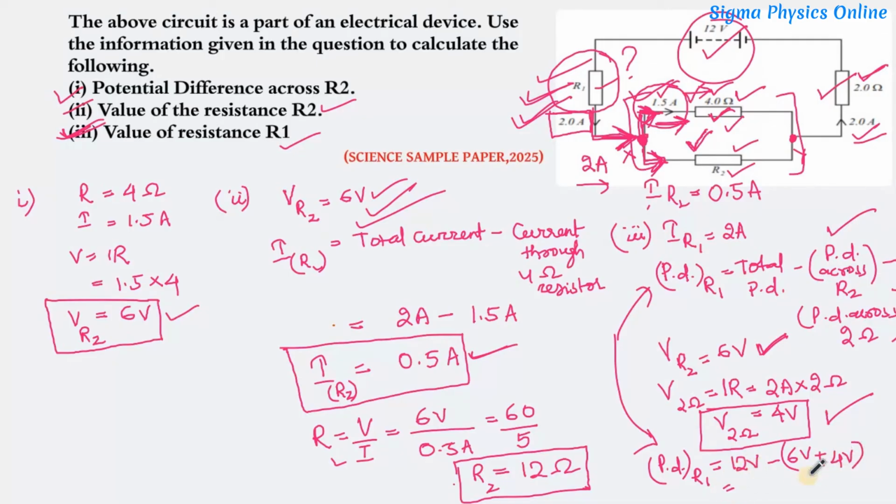So it is 12 minus 10, that is 2 volt. So the potential difference across resistor R1 is 2 volt.